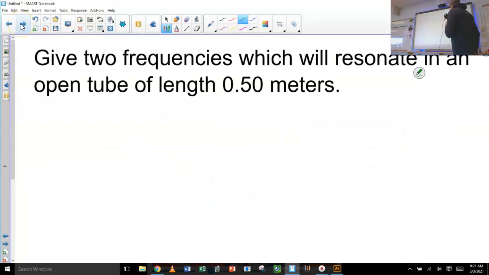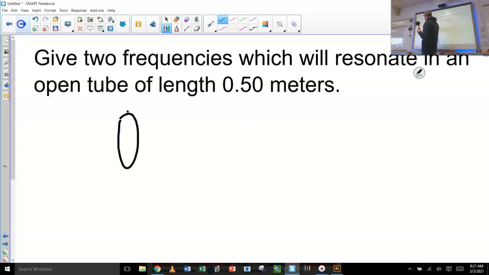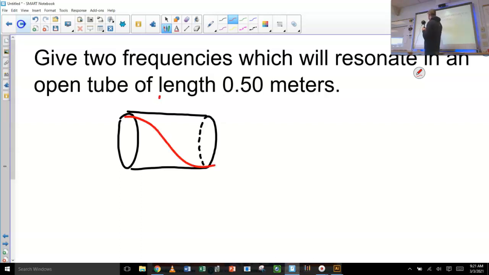Give 2 frequencies which will resonate in an open tube of length 0.5 meters. So I've got that same idea where I've got a tube and it's open on both ends. So the first wave, which is going to work, is half a wavelength. Or I think that I liked to write it when I was explaining all of this as 2/4 of a wavelength. And this distance right here is 0.50 meters.